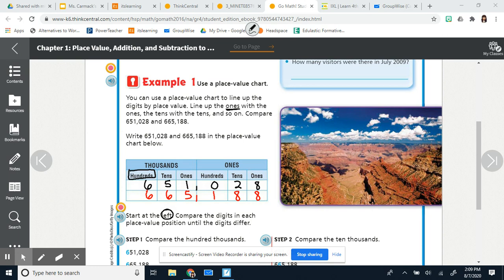Okay, and then we're going to go to the 10,000s place. We have a 5 and a 6. Okay, so my bottom number is bigger in that area. Okay, now I'm going to go to the 1,000s place, right? So I've got a 1 on the top one and then a 5.